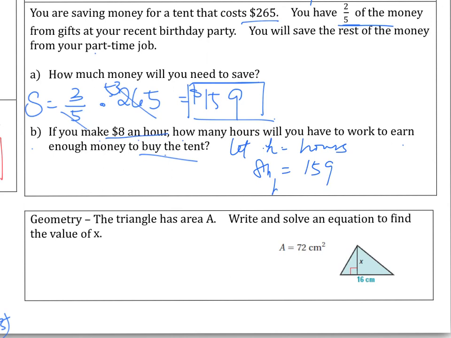And H will go to about 19 7/8. So since 7/8 can be converted to 0.875, we can write your answer as 19.875 hours.